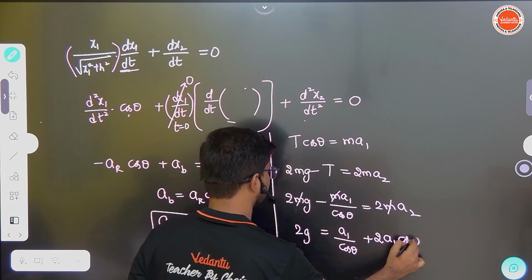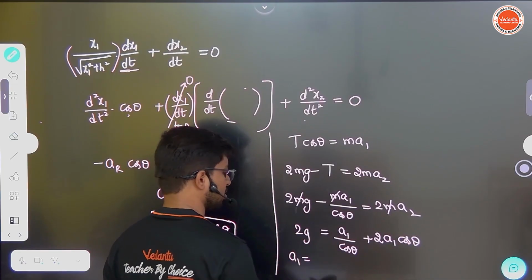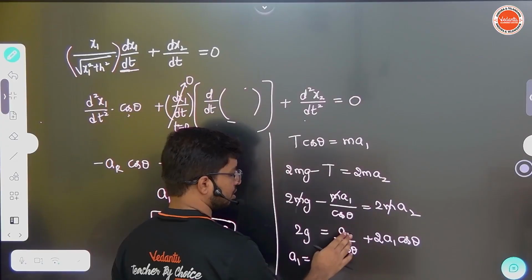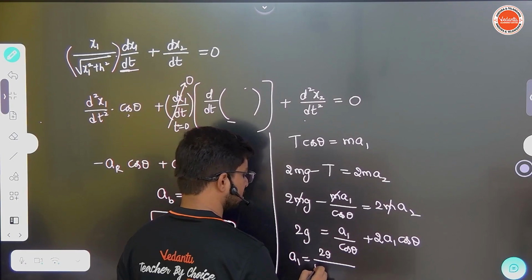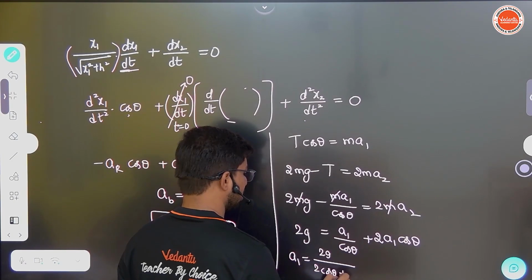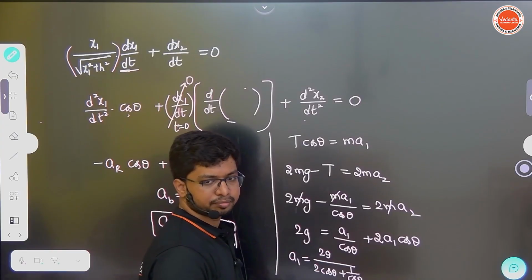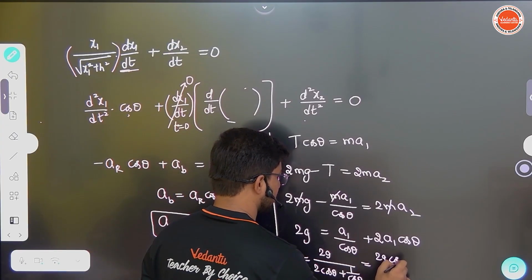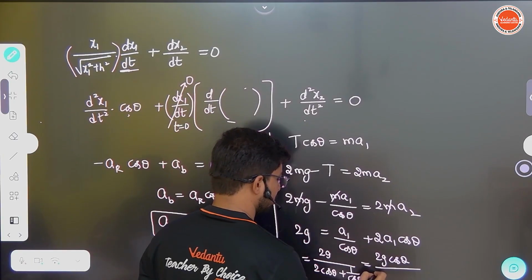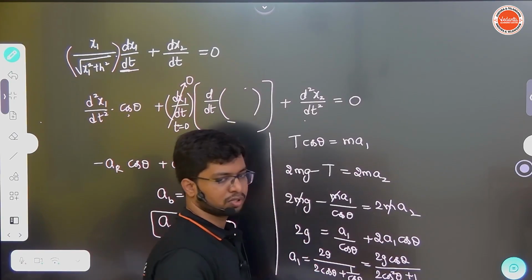2a1 cos theta, right? So what is your a1 from here? Take a1 common, and this is 2g divided by 2 cos theta plus 1 by cos theta. Clear? You can write this taking cos theta as LCM: 2g cos theta divided by 2 cos square theta plus 1.